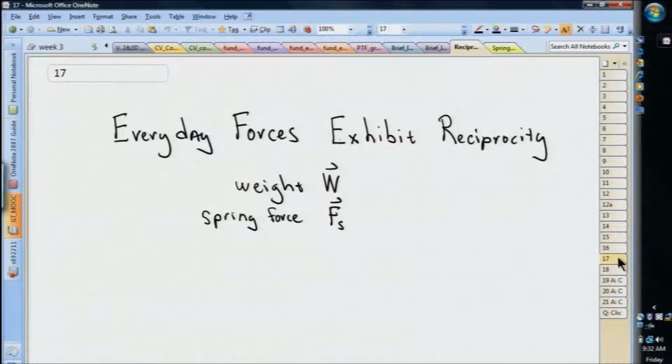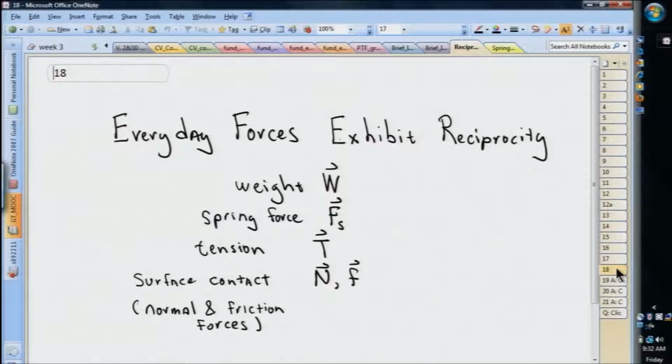Moreover, since many forces are fundamentally due to either gravitational or electric interactions, some forces we have discussed already, such as the weight and spring force, and some which we have yet to discuss a little later, all exhibit reciprocity, which makes the concept of reciprocity something that we often can use to help us understand a variety of force and motion situations. We will have ample opportunities to apply reciprocity in such cases a little later in the course.